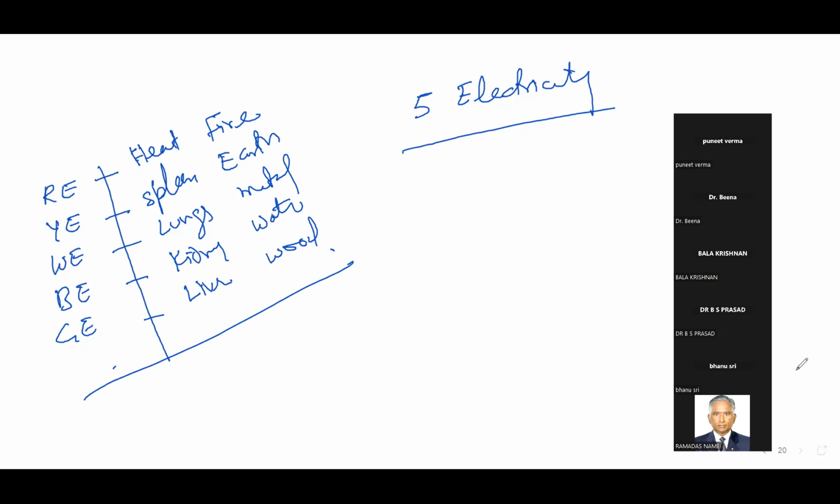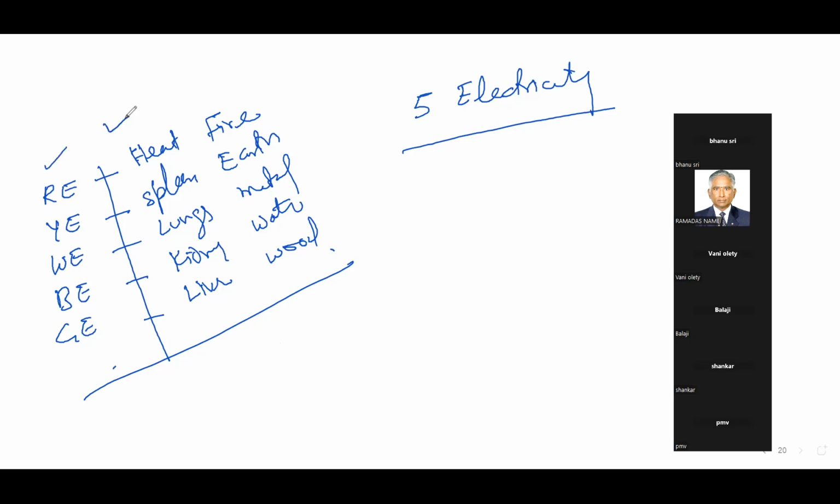Before that, were you using this electricity according to this concept or not?